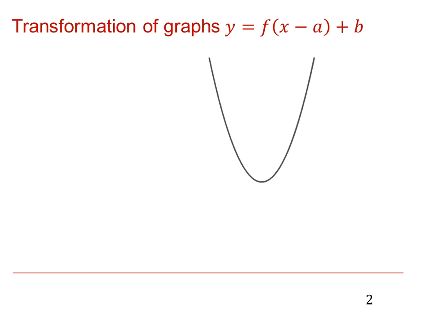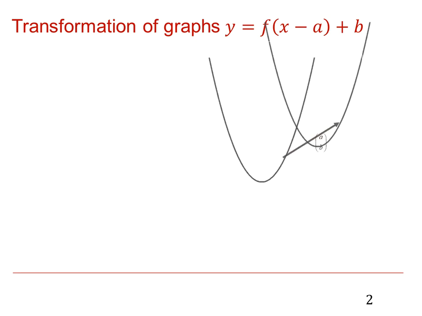First of all, transforming graphs by subtracting a number a from x inside the function itself, or adding b. This is going to be a translation, so that the graph moves from its position to a position which is a to the right and b up.